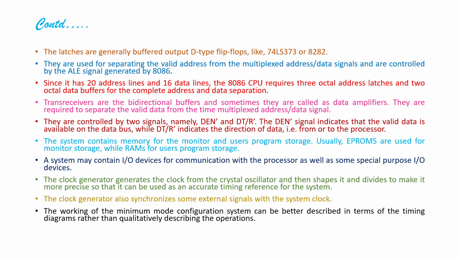In this lecture, I covered the flag register of the 8086 microprocessor, physical address generation, how the 16-bit segment address and offset address are combined with the help of some logic to generate the 20-bit address. Third is the architecture of the 8086 microprocessor, and finally one of the important topics, the minimum and maximum mode operation in the 8086 microprocessor.